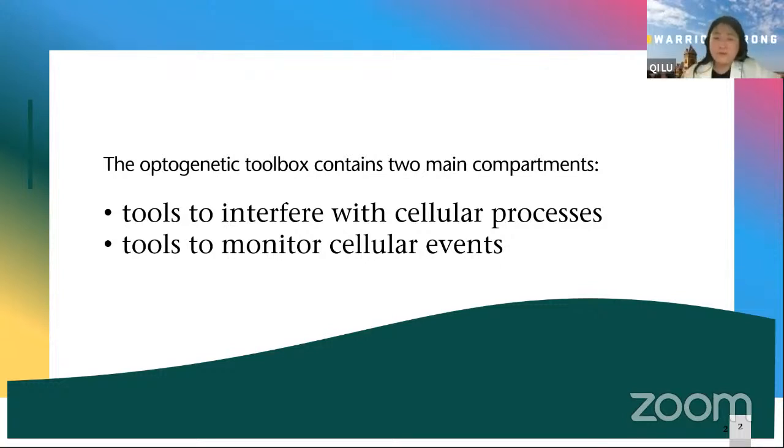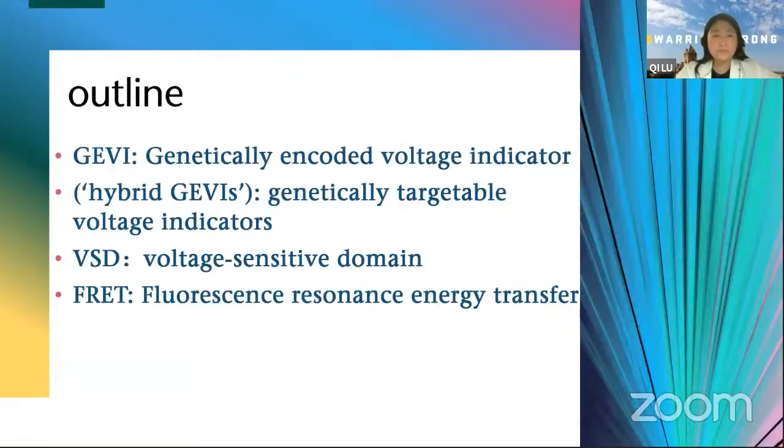We already know famous fluorescent proteins like GFP, which give off fluorescent light that can indicate a specific protein's location. Tools that monitor cellular events are also considered part of this super big optogenetics family, so there are two parts: the first is the rhodopsins, and the second is the indicators.